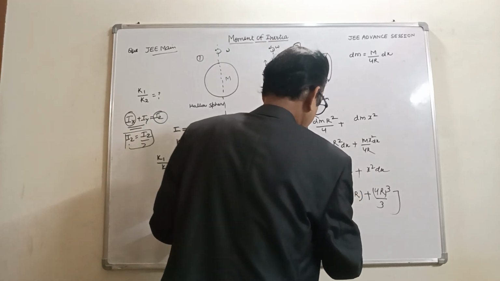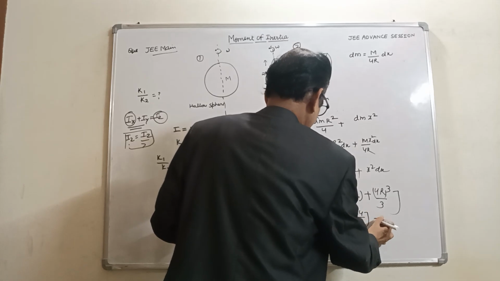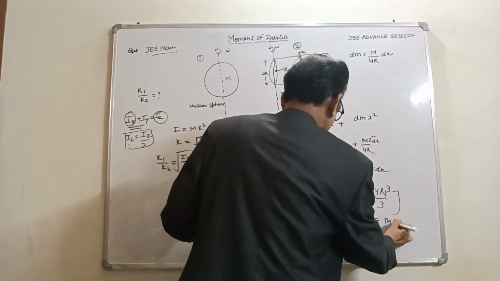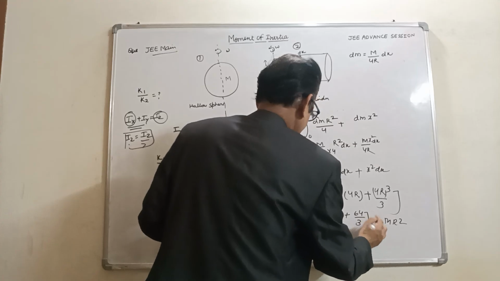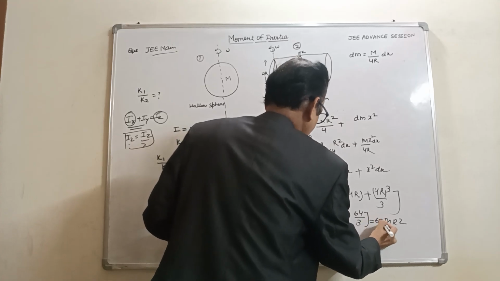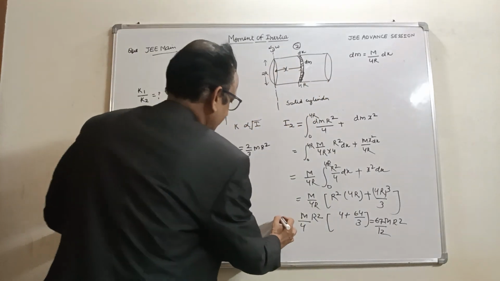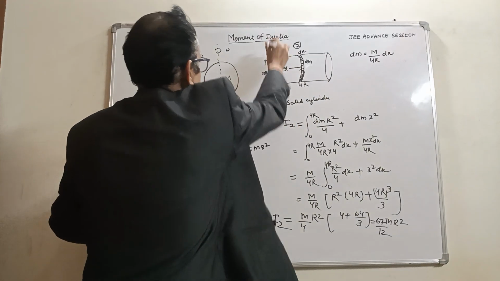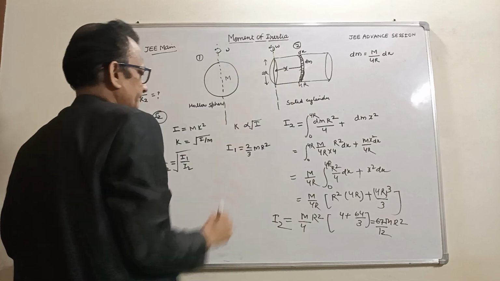So 4 plus 64 upon 3, so this becomes mr square, and this becomes 67 upon 12. This is the moment of inertia about this axis.